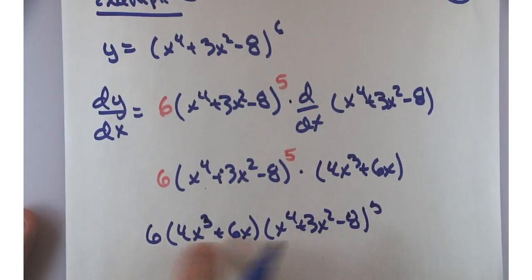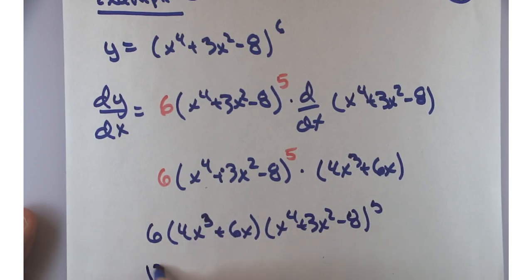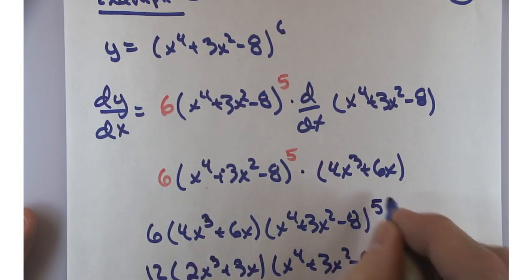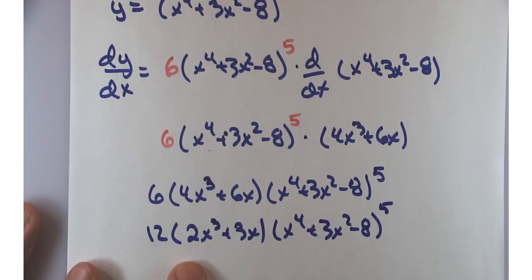So taking out the 2 times 6 would be a 12. And that's going to leave behind 2x cubed plus 3x, and then x to the 4th plus 3x squared minus 8 raised to the 5th. I could have taken out an x too, I guess. I probably should have taken out an x.